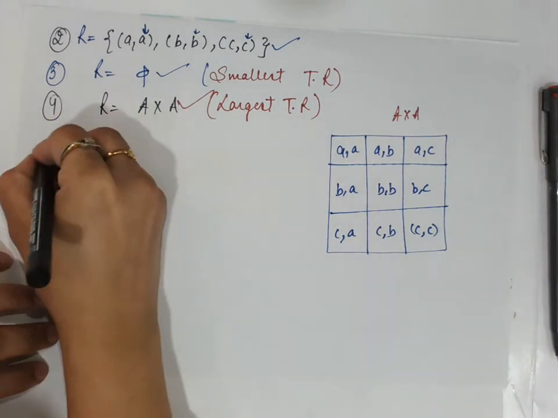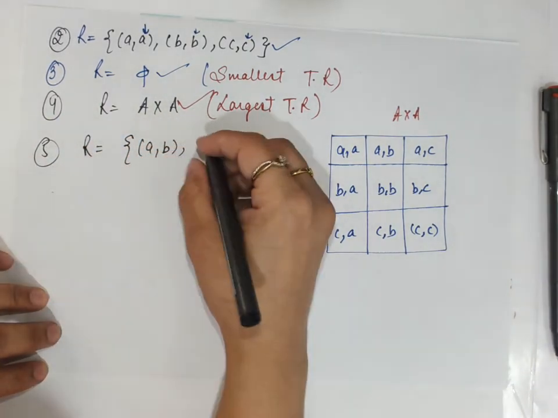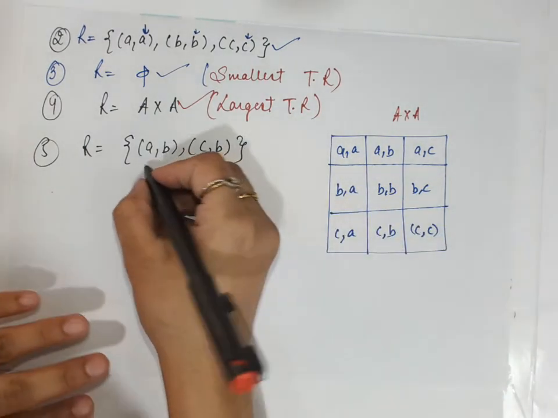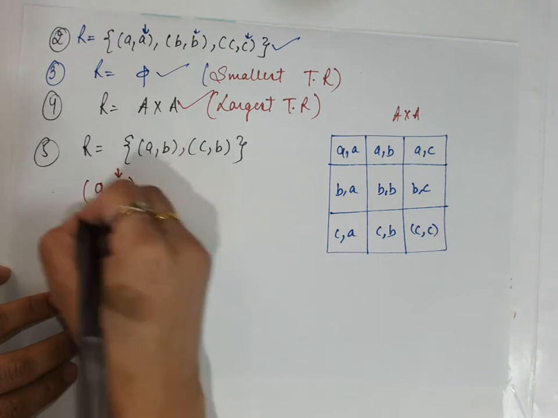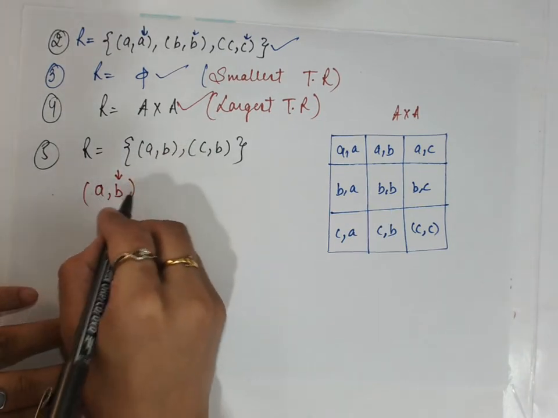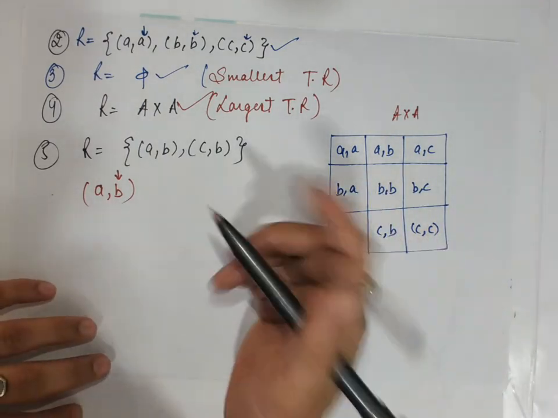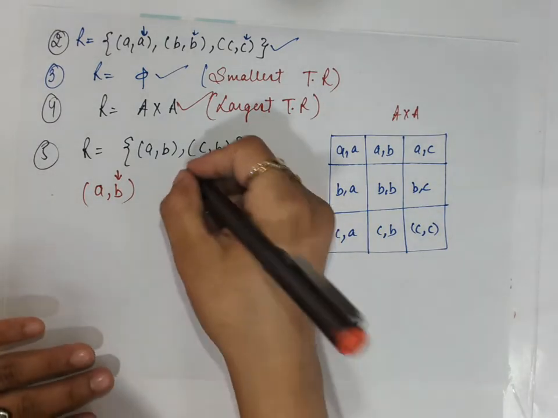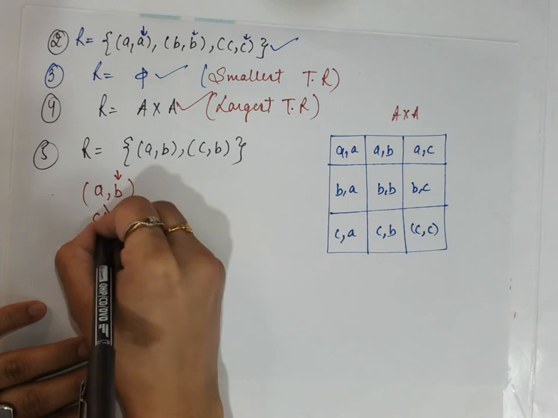I will take one more example. R is equal to AB and CB. Check for this. Here in AB, B is the second element of this ordered pair. Is B the first element of any other ordered pair? No, B is not the first element of any other ordered pair. Therefore I have to stop here.